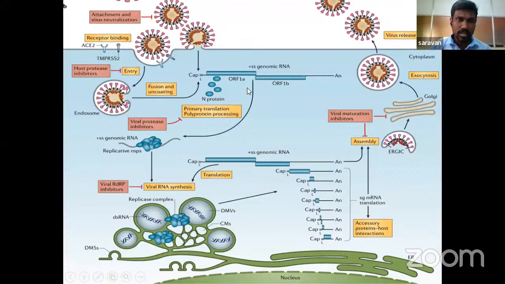Once the polyproteins and non-structural proteins are synthesized, they will be cleaved into individual functional subunits, which then take up the role of the replicase transcriptase complex, and the viral genome will make multiple copies of the viral RNA, which later will be assembled with the accessory proteins and the structural proteins, which are encoded by the other open reading frames that are present in the viral genome.